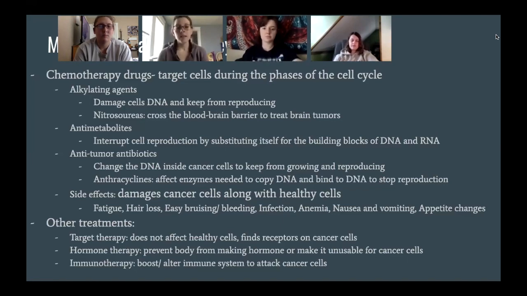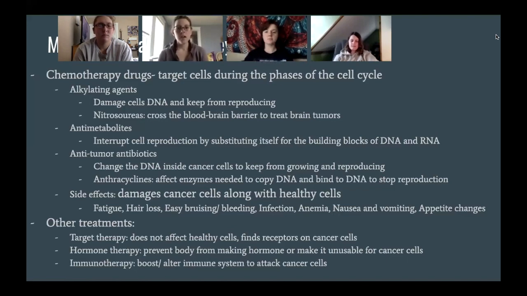And some other medication therapies, like Tamara mentioned, targeted therapies identify receptors that are on the cancer cells and attack only the cancer cells. So this treatment spares the healthy cells, and this can be used to treat cancer, or it can be taken as a preventative following cancer remission.